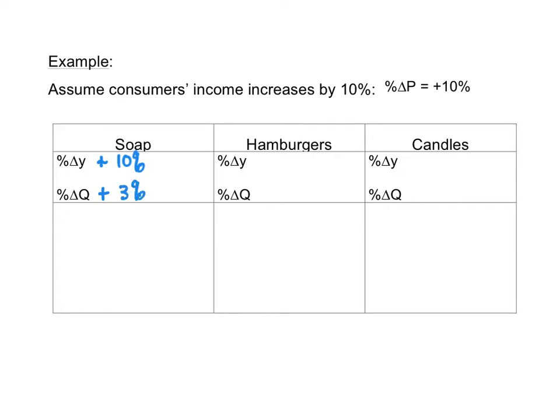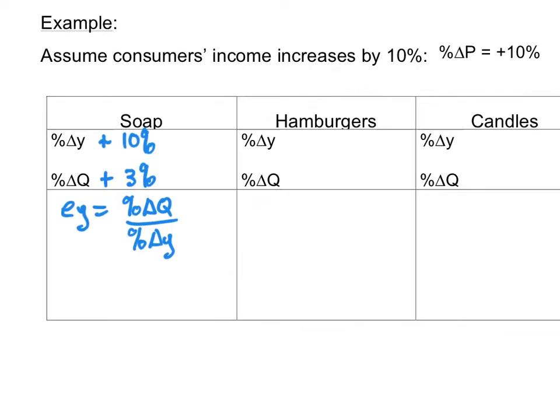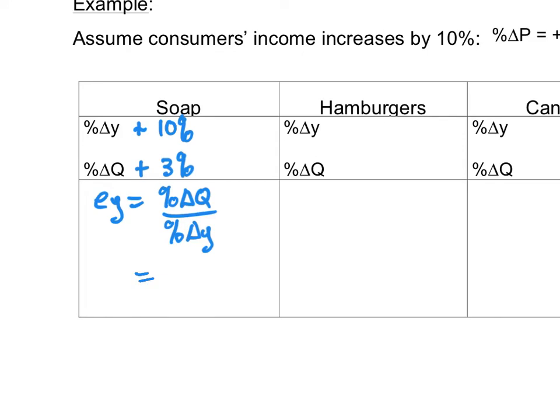So the income elasticity coefficient would be equal to the percentage change in quantity divided by the percentage change in income, and that will give us plus 3 over plus 10, which of course gives us a value of plus 0,3. Of course, it's customary to leave out the plus sign. If there's no sign in front of a number, it is assumed to be positive.